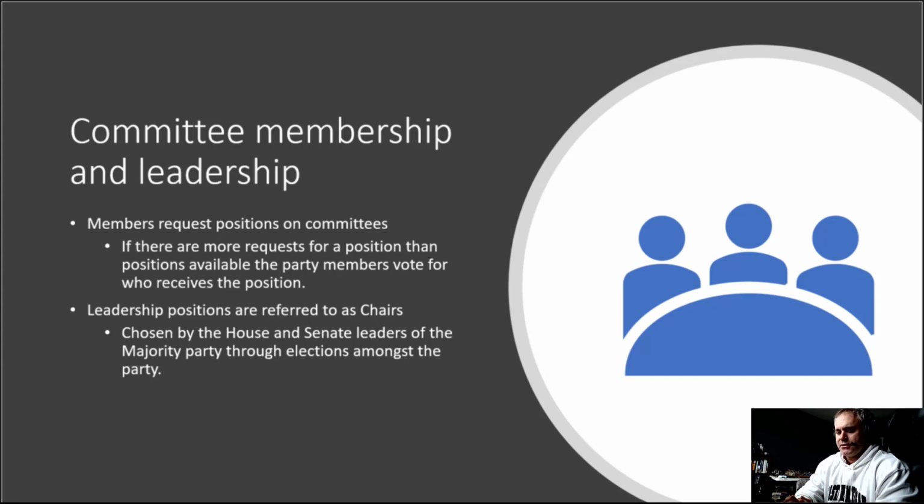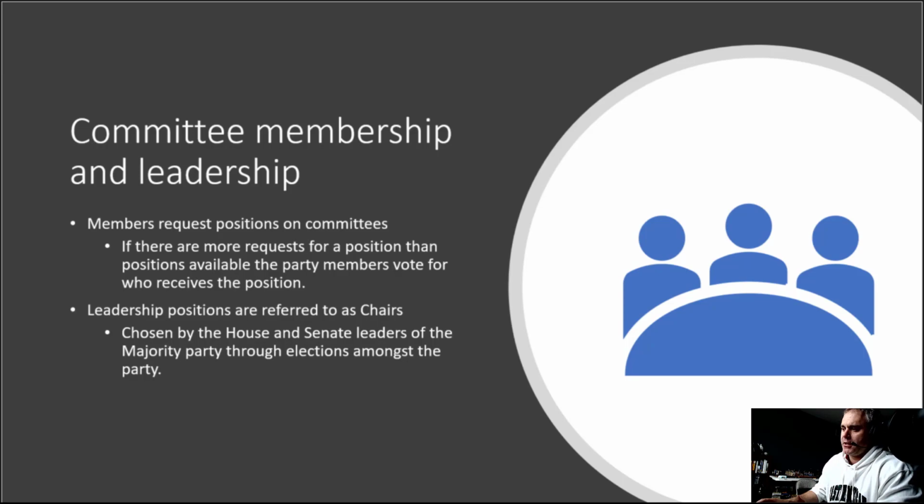Your textbook does mention that traditionally in the past it had basically gone to individuals who were the most senior member, but to try and encourage more participation and new leadership initiatives, what they've done is moved it to holding elections amongst the party to determine who's going to hold those specific committee chairs.